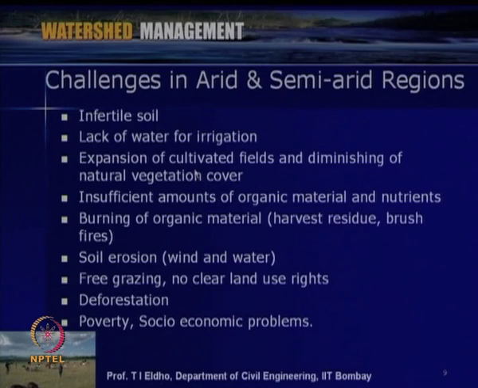Most of the people are trying to cultivate, so the fields are in a developing stage and most of the natural vegetation is diminishing, and then there are insufficient amounts of organic material and nutrients. This creates a lot of problems as far as plant growth is concerned.